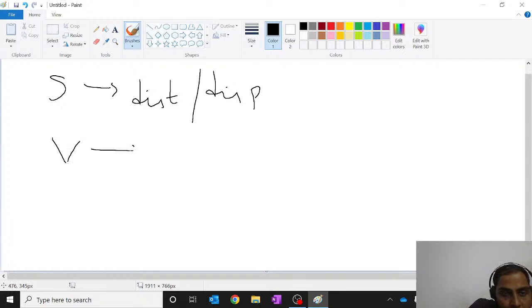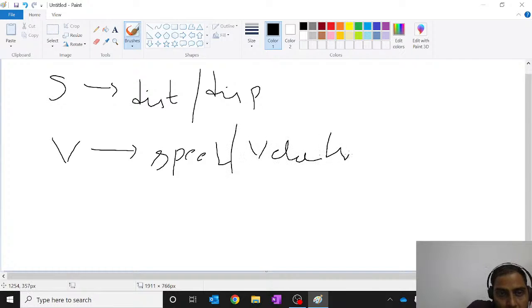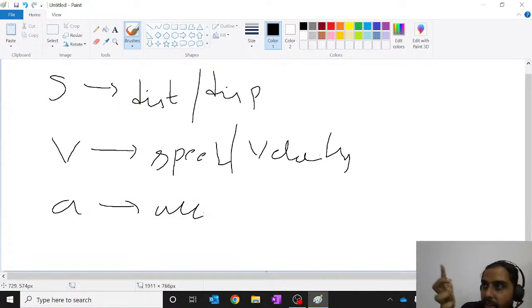Second, V is your speed or velocity. Third is your acceleration or deceleration. For a second, let's assume acceleration or deceleration. The next most important thing is your time.